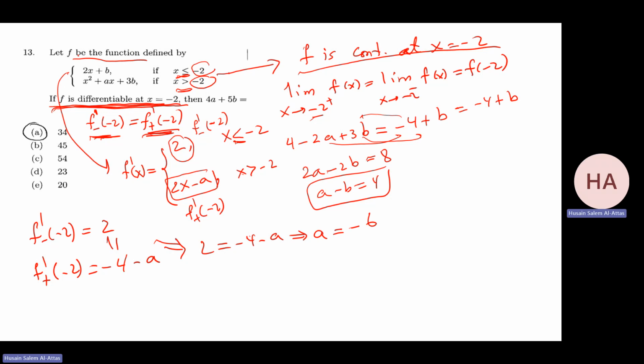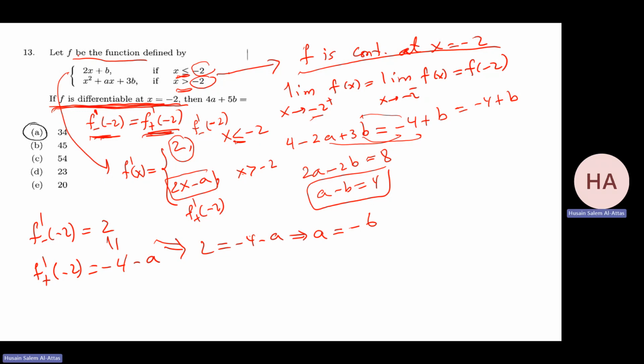Let me check the calculations. Minus 2. Yeah. This is minus 4 plus b. This is 4 minus 2a plus 3b equal to minus 4 plus b. Minus 4 plus b at minus 2.